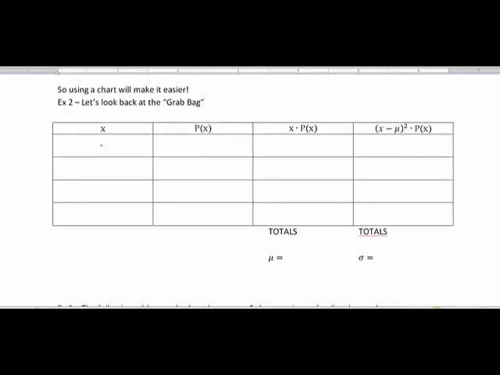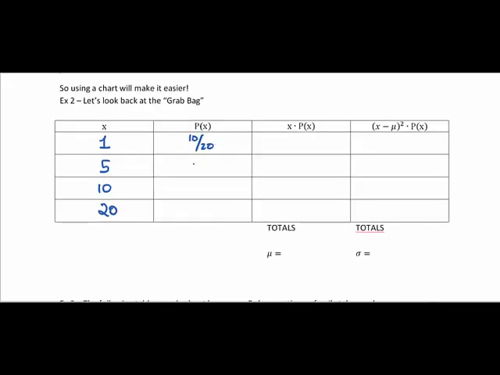So to help us out, we're going to take the chart that we had going horizontally, and we're going to change it into a vertical chart with $1, $5, $10, and $20 going vertically, and the corresponding probabilities. And this was taken from the previous slide. Now we're going to multiply our x times p of x. So this 1 times the 0.5 is going to be 0.5.